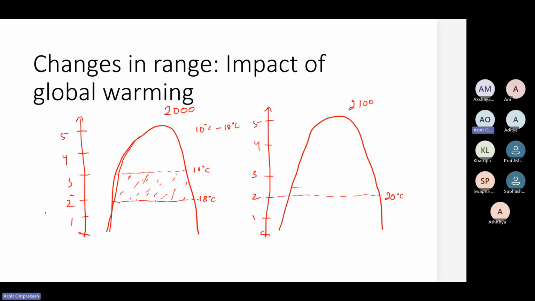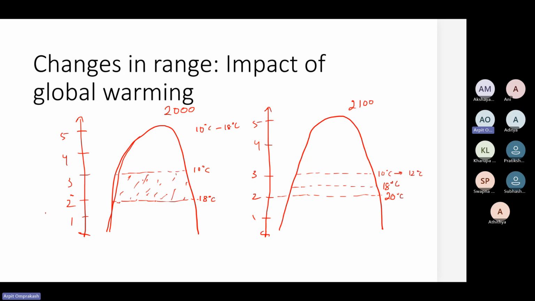That means the temperature somewhere here would be 18 degrees Celsius, and the temperature here, which was initially 10 degrees Celsius, is now 12 degrees Celsius.